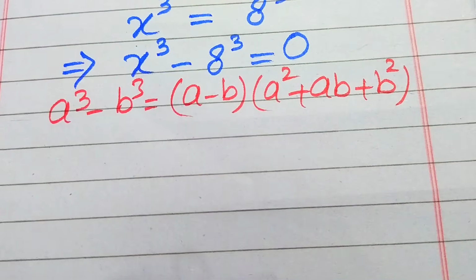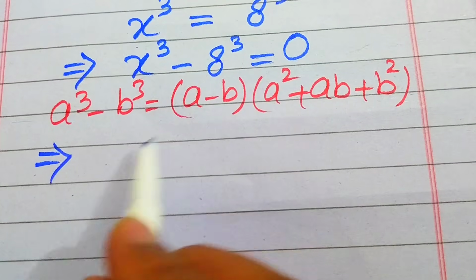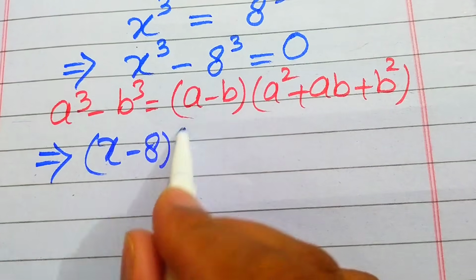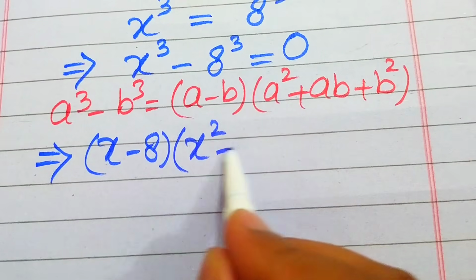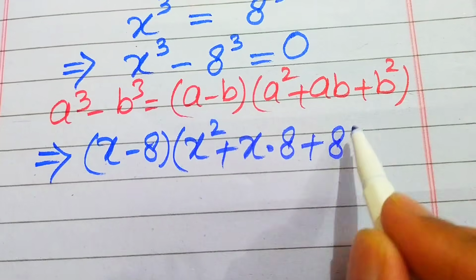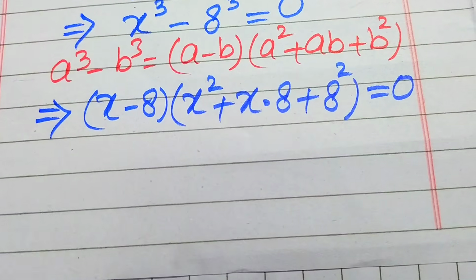So according to this cubic formula, we expand the left hand side of the above term in this form. This will be written as x minus 8 times x squared plus x times 8 plus 8 squared, and this whole equation equals 0.